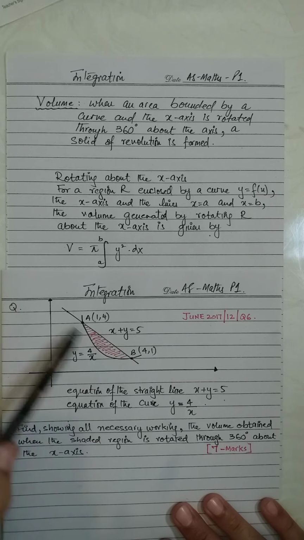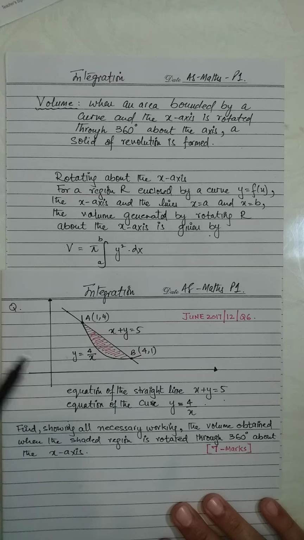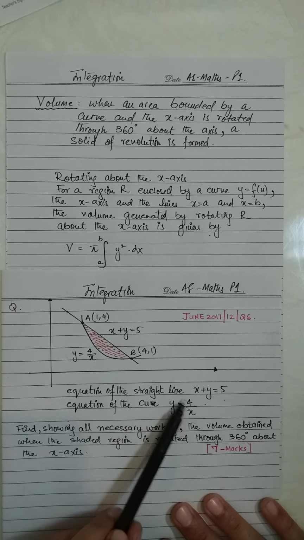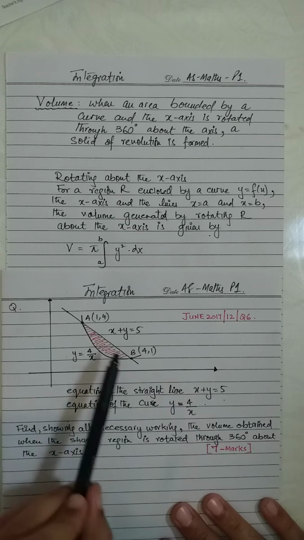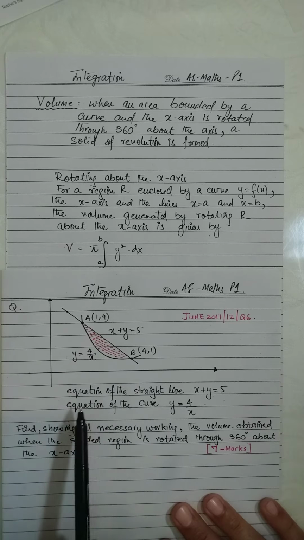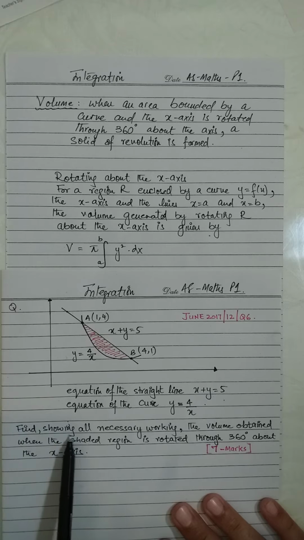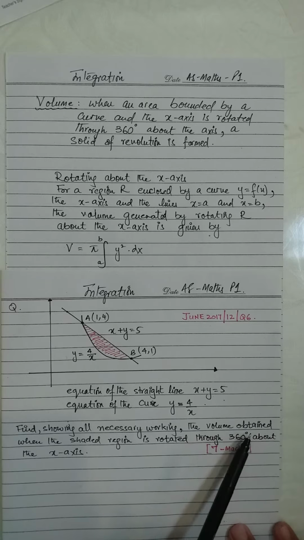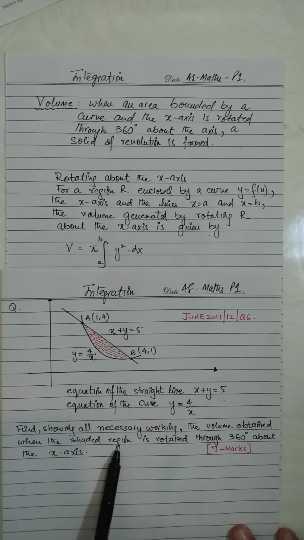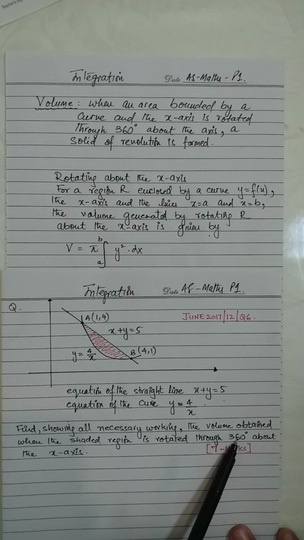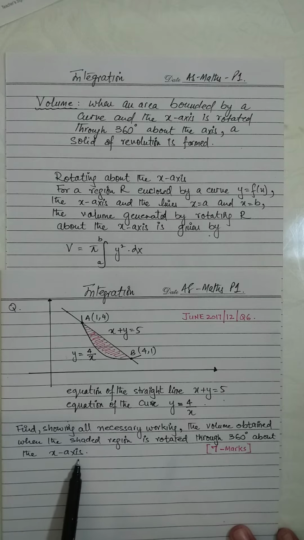The curve and the straight line both intersect at the points A(1, 4) and B(4, 1). So the equation of the straight line is given as x plus y equals 5, that's right over here, that's the straight line. The equation of the curve is y equals 4 over x. Find, showing all necessary working, the volume obtained when the shaded region is rotated through 360 degrees about the x-axis.